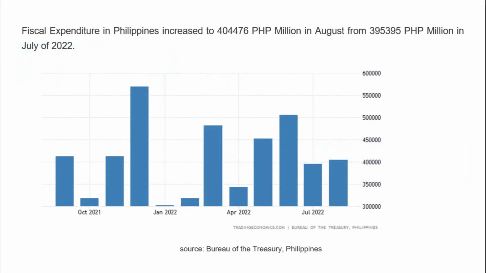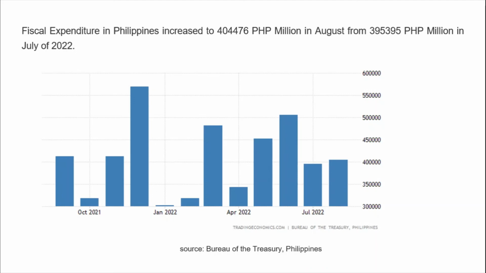based naman sa records ng Bureau of the Treasury, yung ating fiscal expenditure in the Philippines increased to 404 million in August from 395 million in July of 2022.